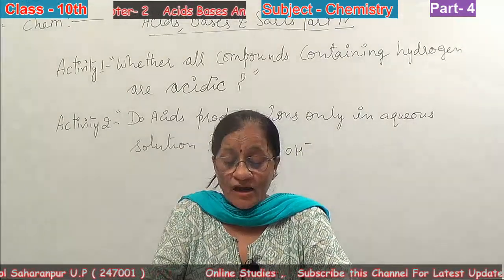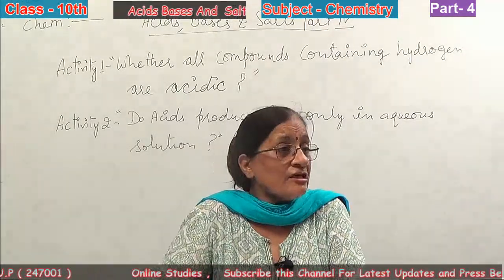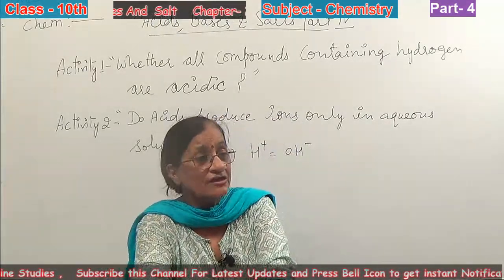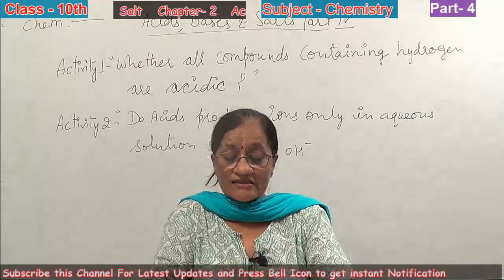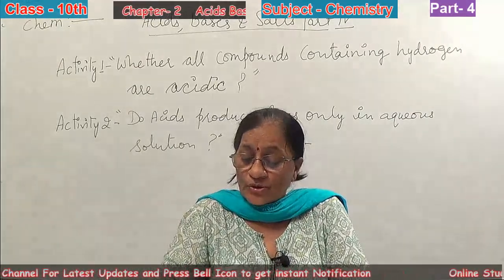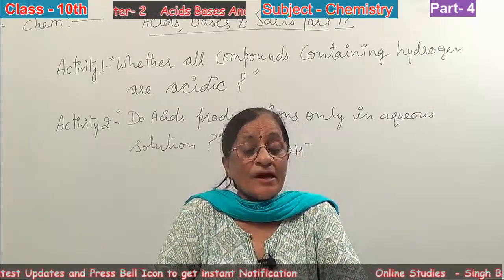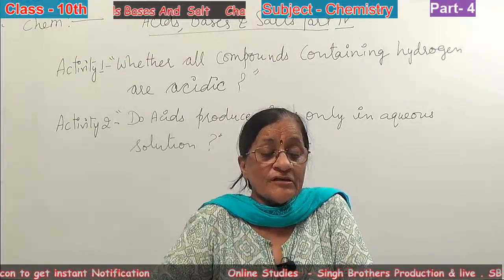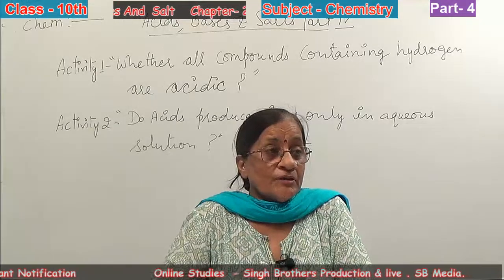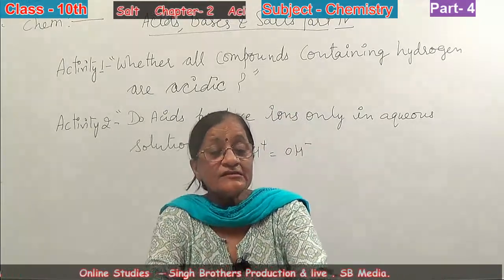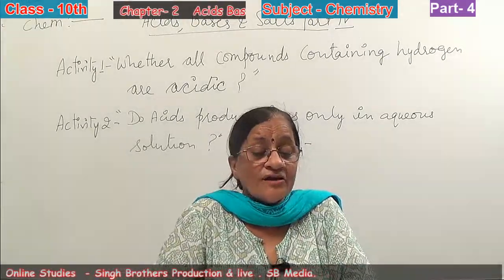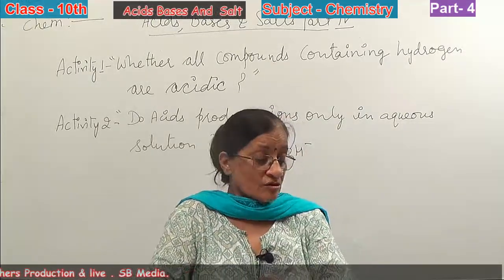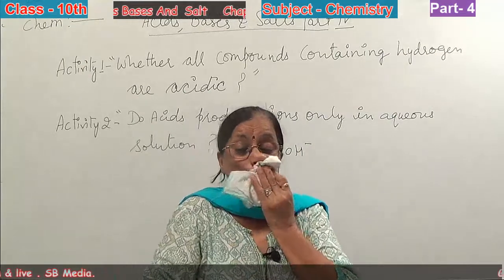This hydrogen ion concentration is measured on the pH scale. So, the pH scale is a scale on which the strength of acidic as well as basic solutions can be represented by using the H positive ion concentration in them. The definition of pH scale: a scale for measuring hydrogen ion concentration in a solution is called the pH scale.